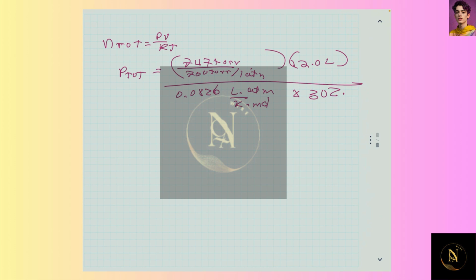302.67, and this will equal my moles of A, moles of X. What am I doing here?